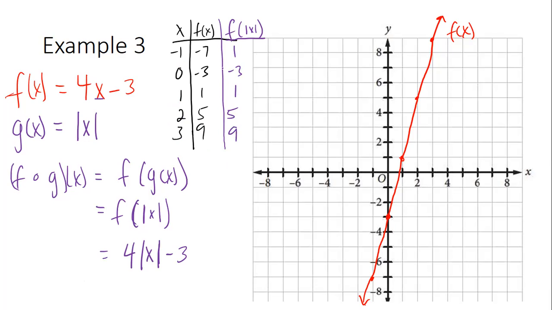So the points that I'm graphing is at -1, 1. Okay, so do I graph that? Wait, I don't understand. What am I plugging in? Absolute value of the x. We're only taking the absolute value of x.